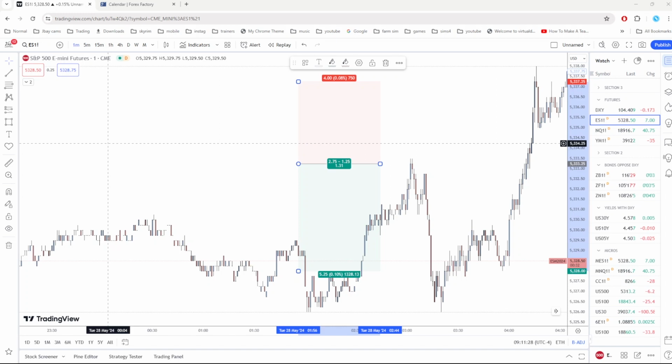And you keep on journaling those ones, and eventually you will see which one is just the easiest one for you to see. And that is the one that you stick with.